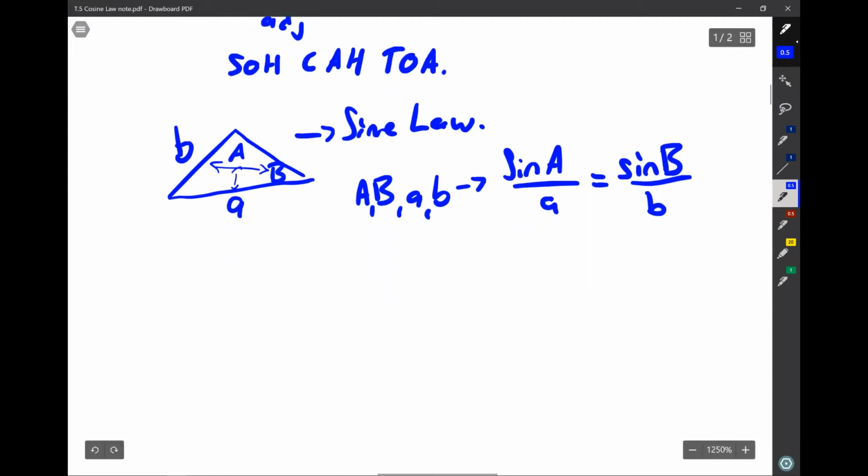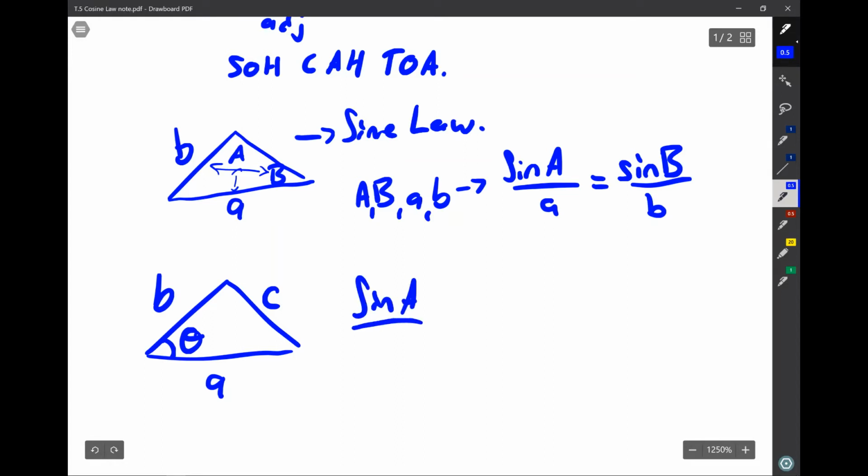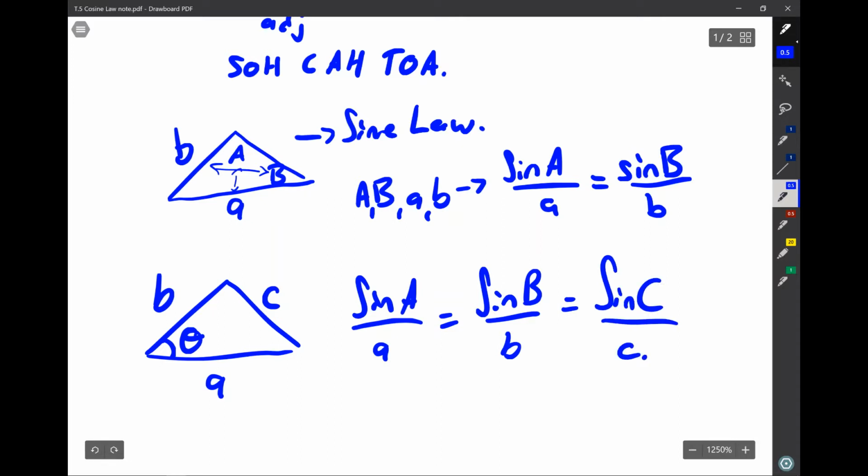Now, how about if we have a triangle and we're working with three side lengths and one angle? We wouldn't be able to use our sine law, because sine A over A equals sine B over B equals, even when we bring our third element into it, sine C over C, we wouldn't be able to use it.